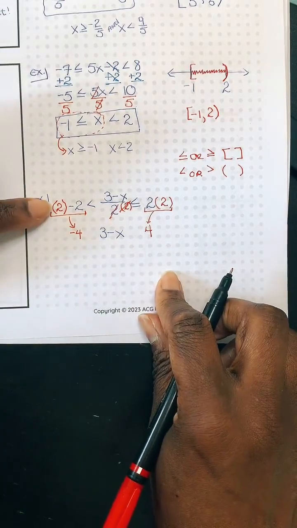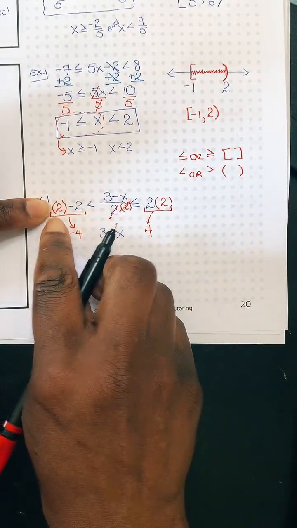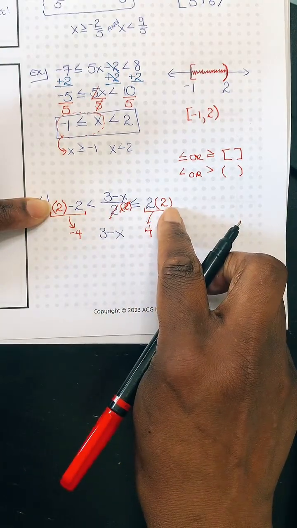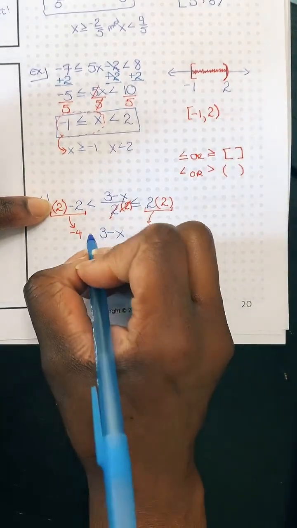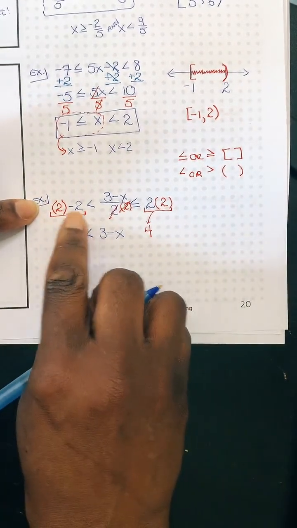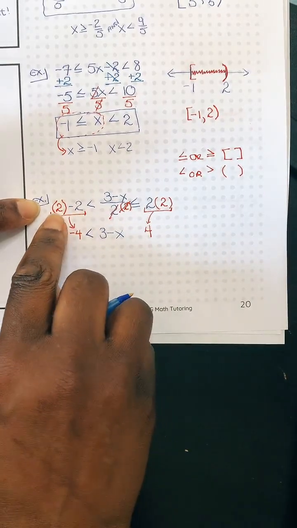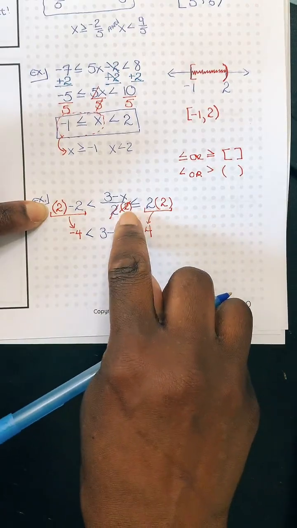Now, I multiplied by a positive 2. That's why I multiplied all three of those sides by 2. That means my inequalities are not going to change because I didn't multiply by a negative. Although I multiplied the negative 2, I did not set it up with a negative 2 in red.